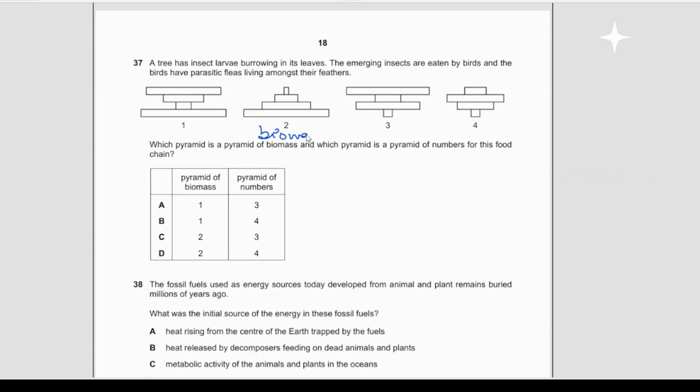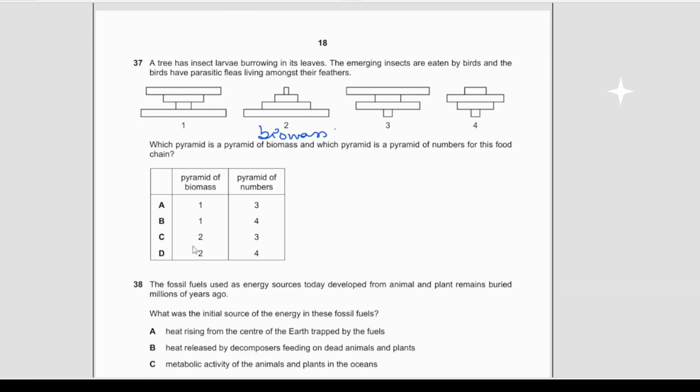Now tell me about the number. Tree, insects, and then birds, or maybe the other one. So it's 2 and 3.